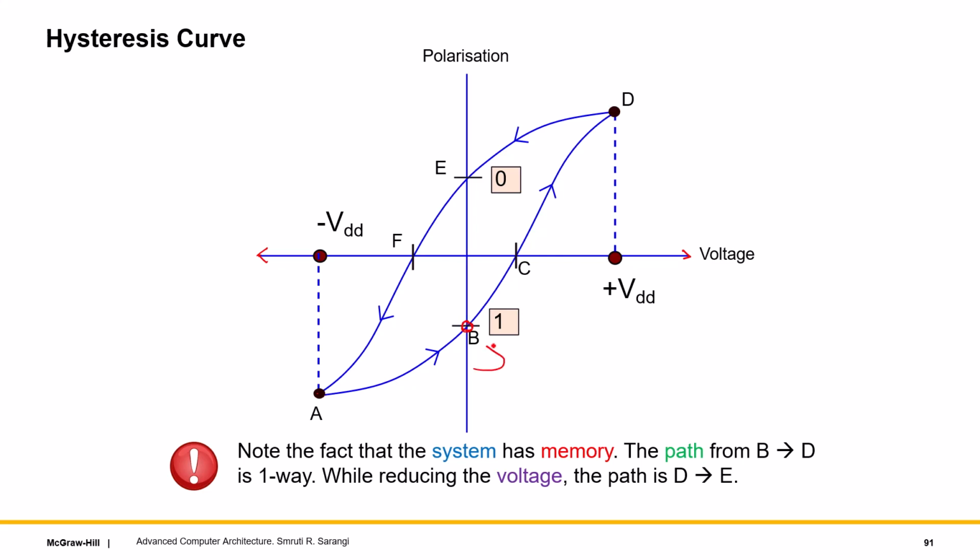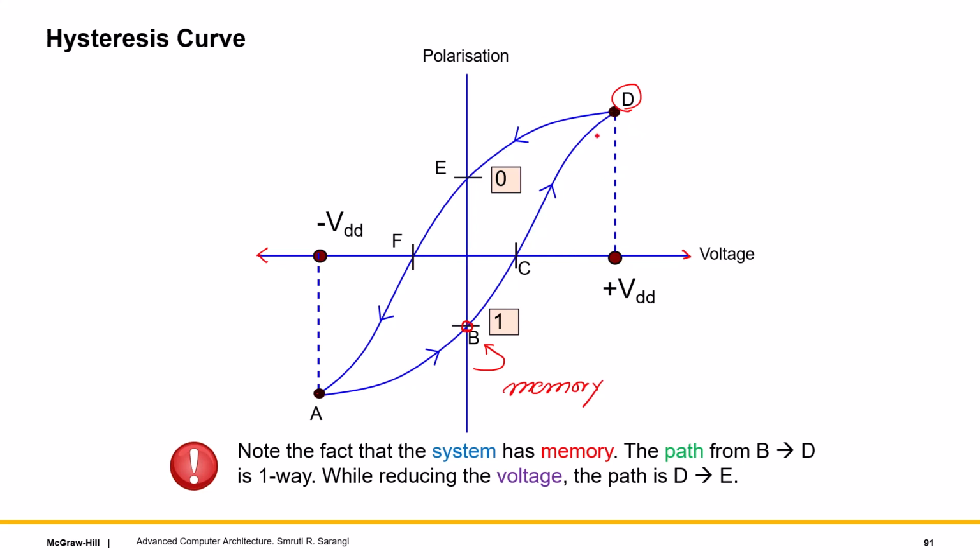So this is the memory effect. Negative polarization in this case we say corresponds to logical state 1. Then as we increase the voltage, at one point the polarization becomes zero, but it keeps on increasing till we come to point D. When the voltage is positive, the polarization becomes positive.